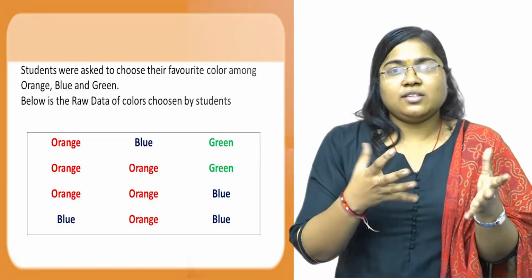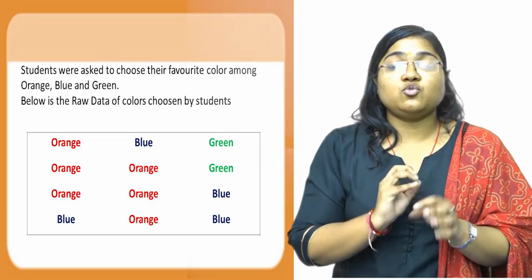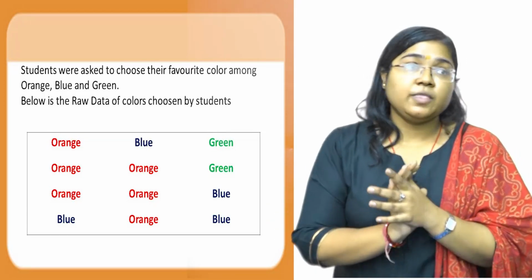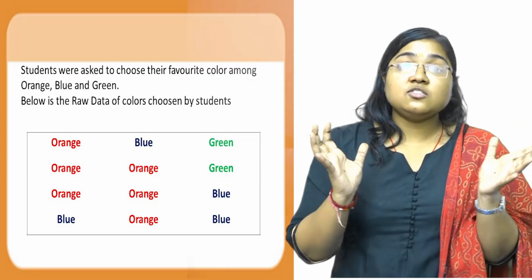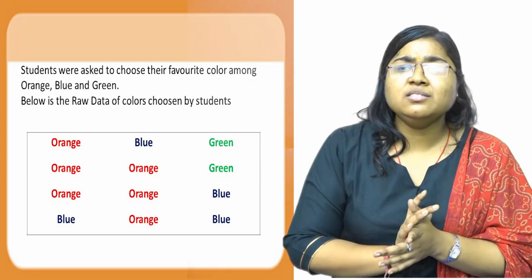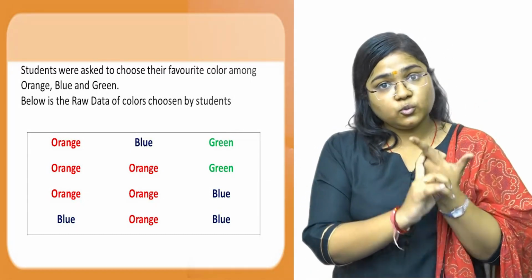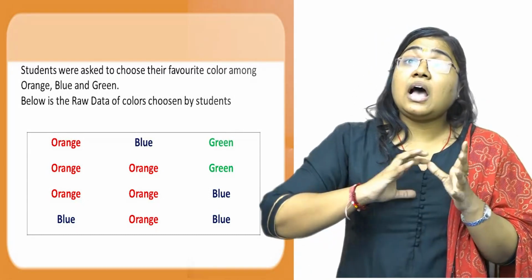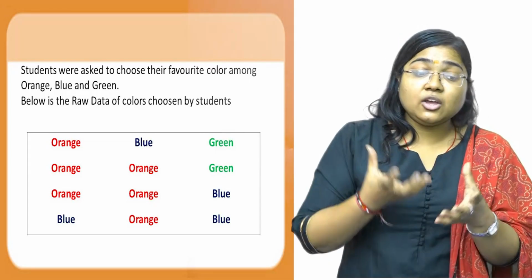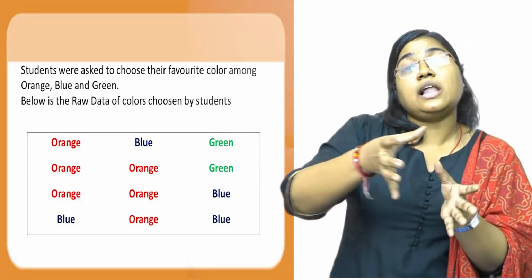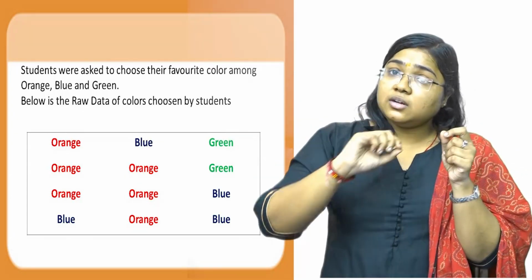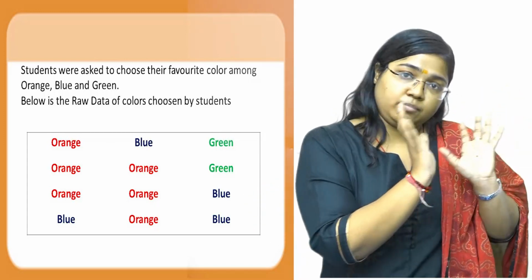Suppose, let's take one more example, because an example is the easiest way to get any topic. Suppose we ask the students about their favorite color and we restrict the options to orange, blue and green. Now we start taking observations from the students on which color they like most, and we start recording this in the data.